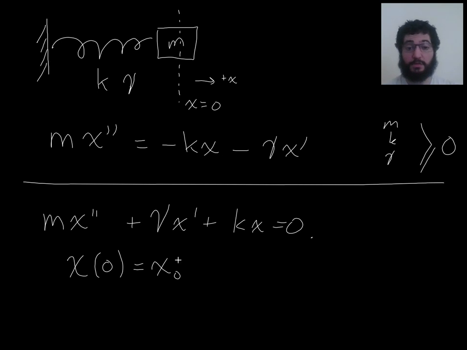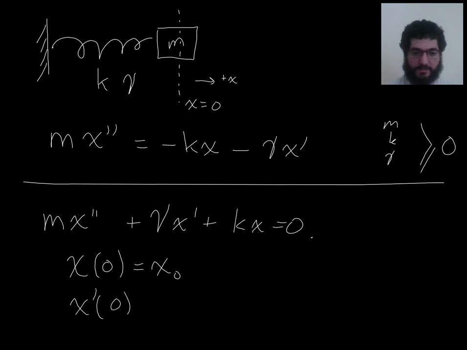So for example, this could be 0 if at time 0 the thing is at equilibrium, or it could be something non-zero, like 7, if at time 0 someone has stretched the mass 7 units of distance away from equilibrium. So this is like, how far out does it start stretched?